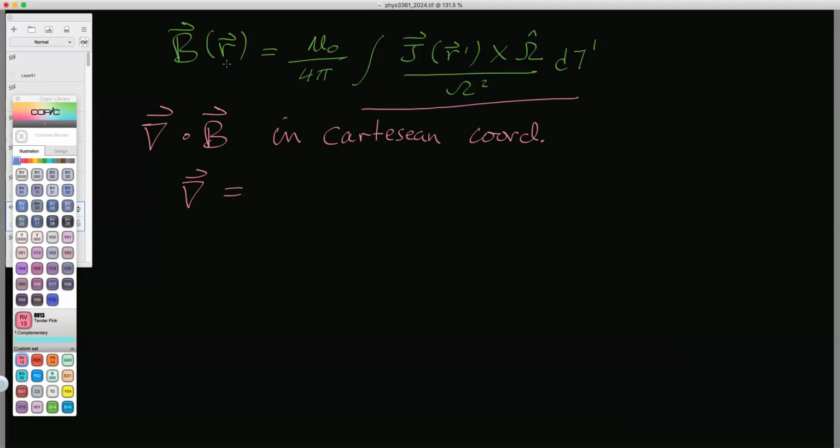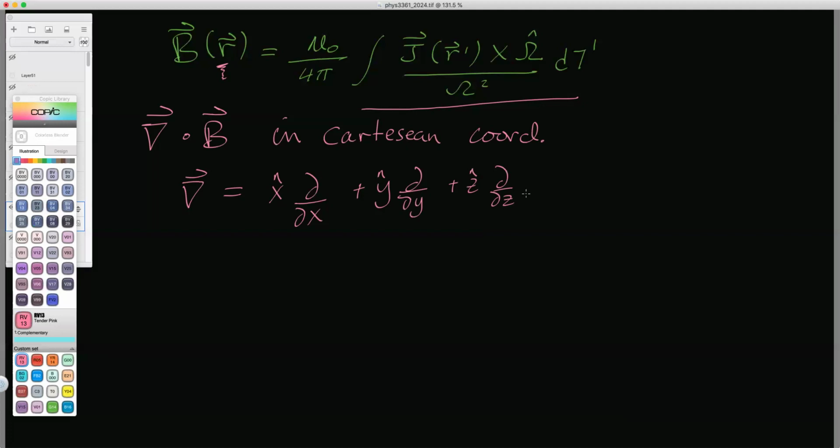What's left is a function of the unprimed. So if we want to take del dot B, it's going to be del in terms of the unprimed coordinates. In other words, x hat partial x, not x prime, plus y hat partial y, plus z hat partial z. There's no prime. If I wanted to use del in prime coordinates, I would put a prime on del, but we're not doing that right now.